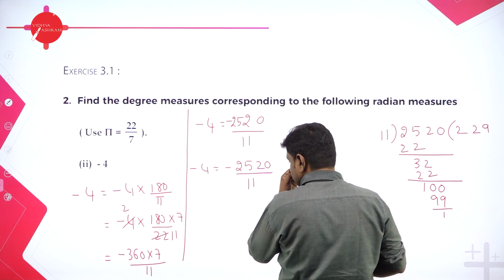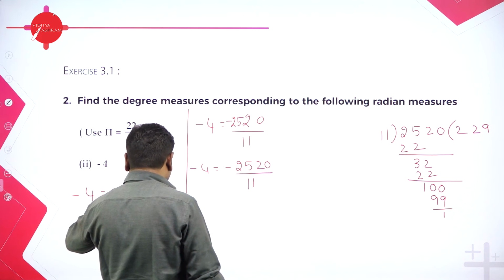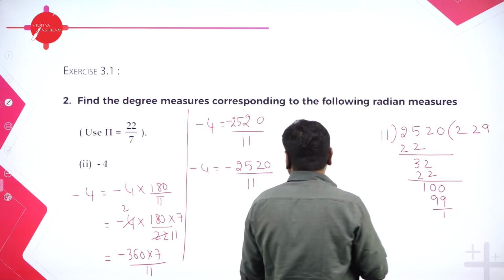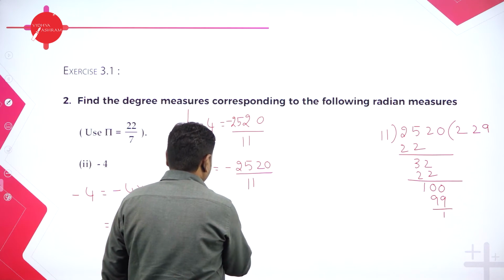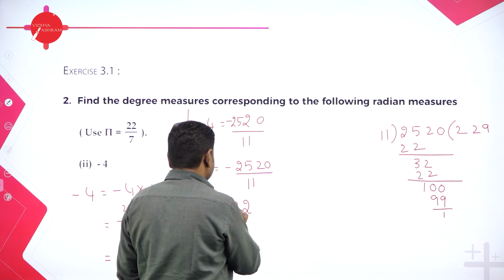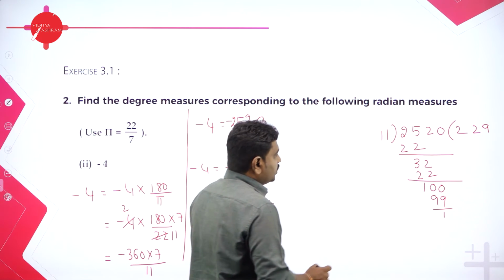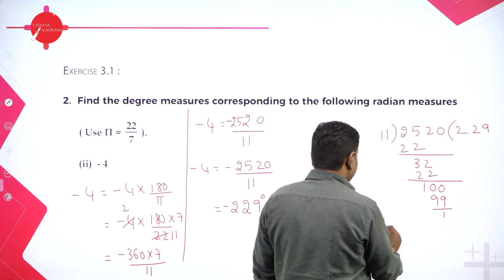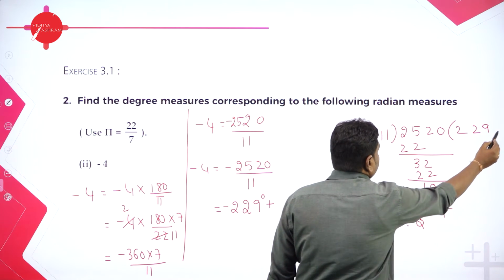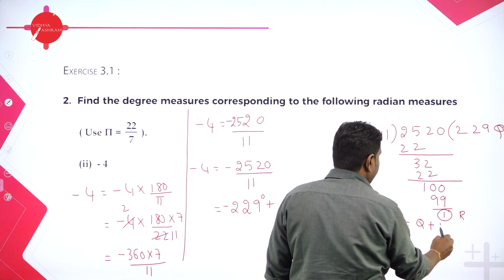So now again further, here I'll get a huge number. So what you should do, simplify this. Now in spite of this big number, I can write it as minus 229 degrees plus the given number 2520 can be written as quotient plus remainder by divisor.